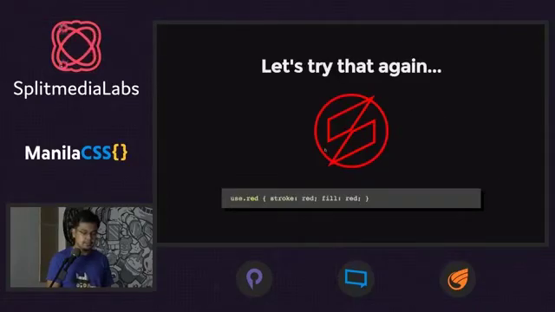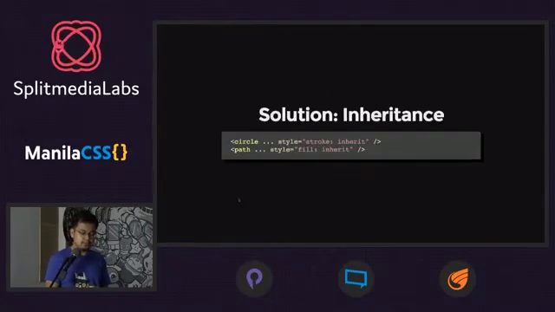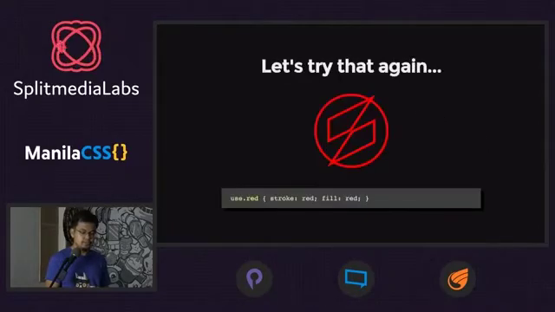The parent in this case would be use. So if we define stroke as red and fill as red in the use, it would apply the styles. But what if we want, for example, the circle to be filled with a different color, but fill has already been used here?